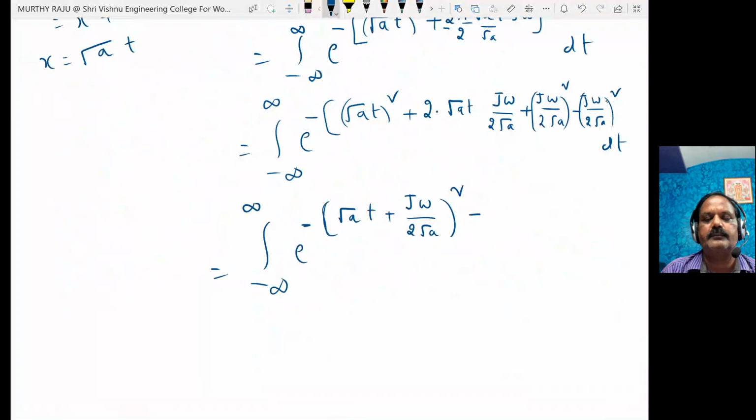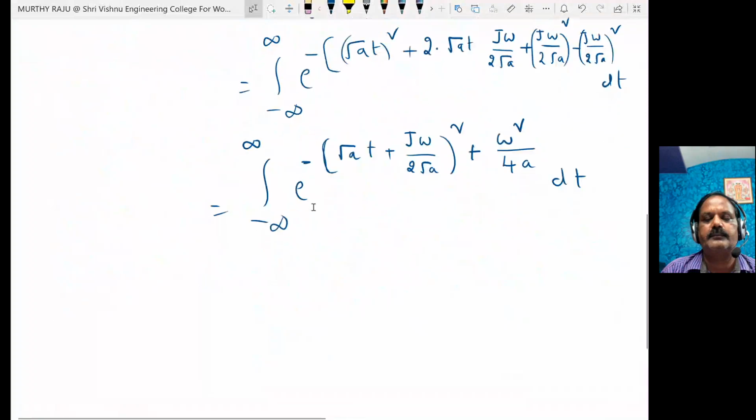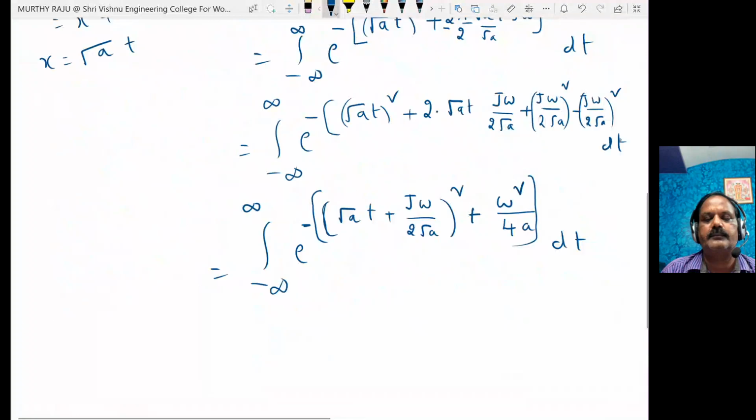J square is minus 1, minus into minus plus, omega square by 4a dt. This minus sign is applied to the whole.